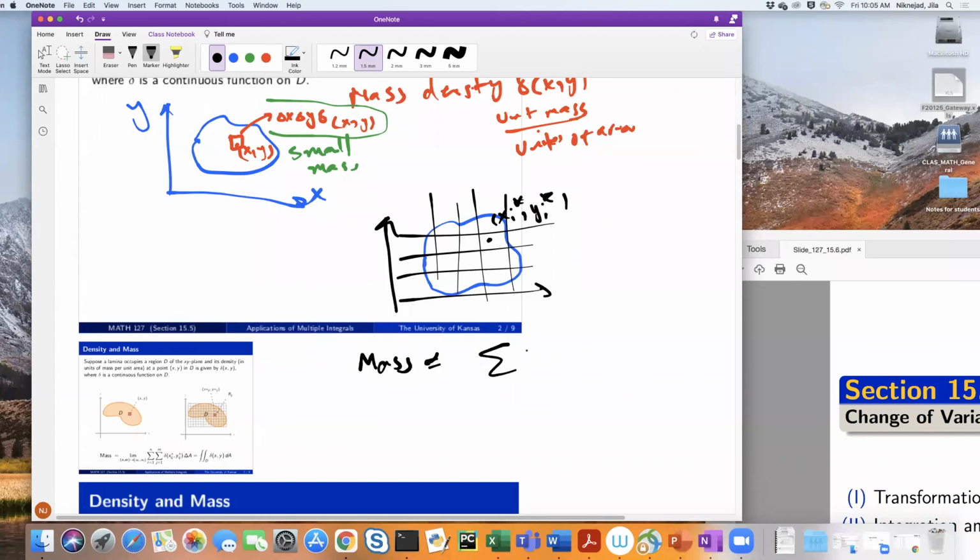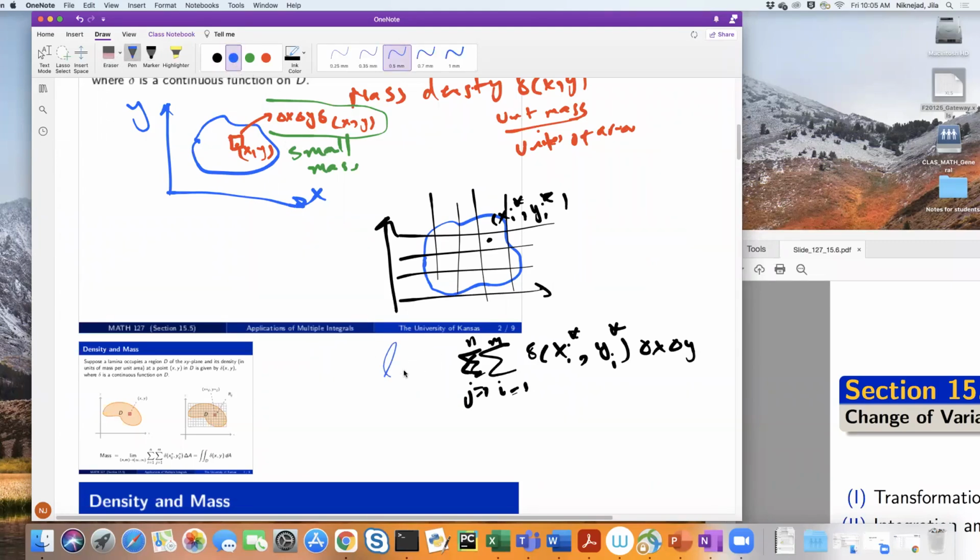And so you want the sample point mass density function times delta X times delta Y. And you will have I from 1 to M and J from 1 to N. And so you approximate the mass with this, put a limit in front of it, and that will give you the mass.